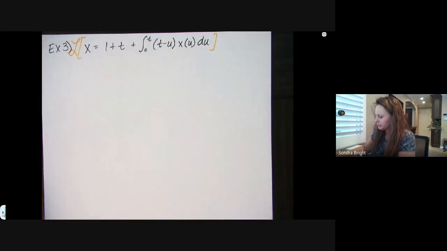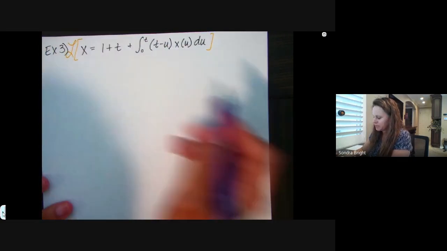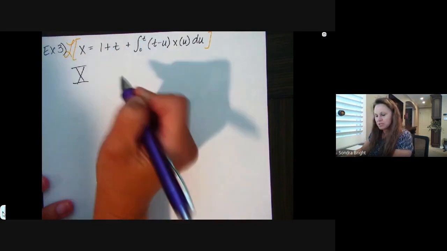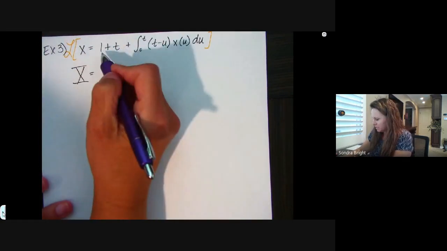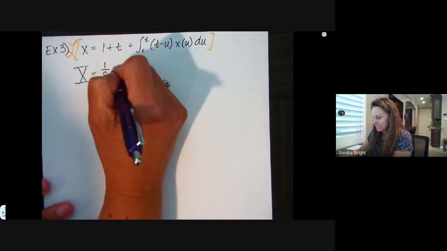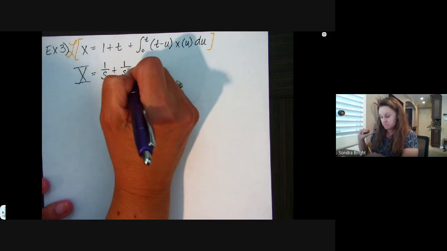When you do Laplace, remember it's a linear transformation, so we can distribute it into each term. Laplace transform of little x is capital X. Laplace transform of 1 is 1 over s. Laplace transform of t is 1 over s squared.